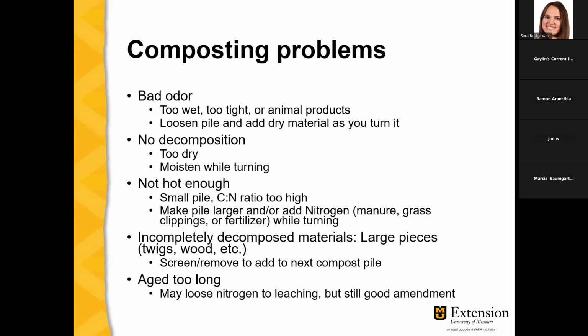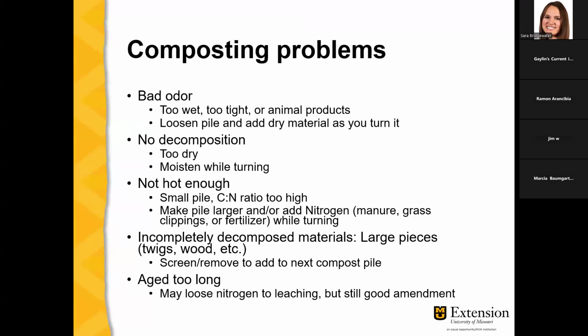You can do it as you turn the pile. You can add this dry material, and as you turn the pile, make sure that the tight areas get loosened up to allow air for the microorganisms to work. If there is no decomposition, it means the pile is too dry, and you want to moisten it as you turn. Lightly water it to increase moisture as you turn the pile.